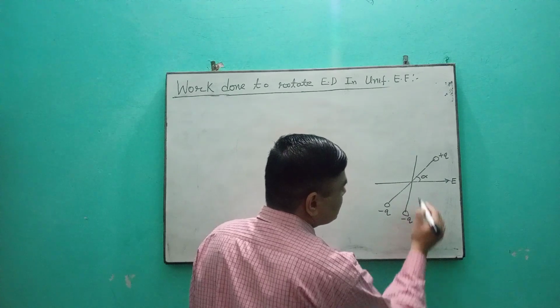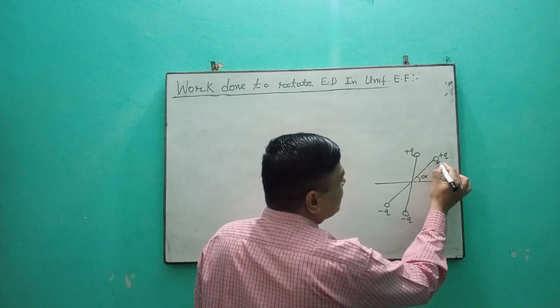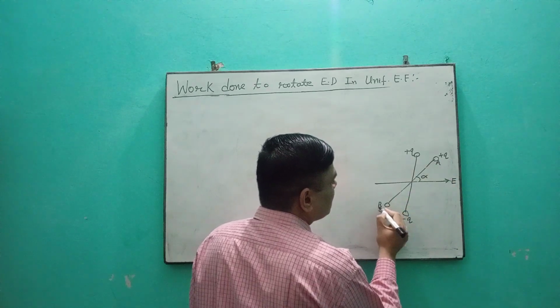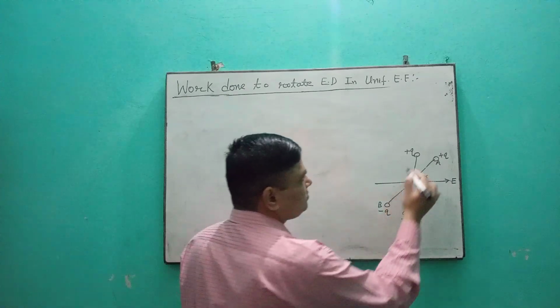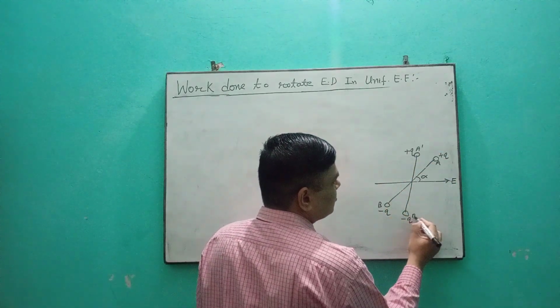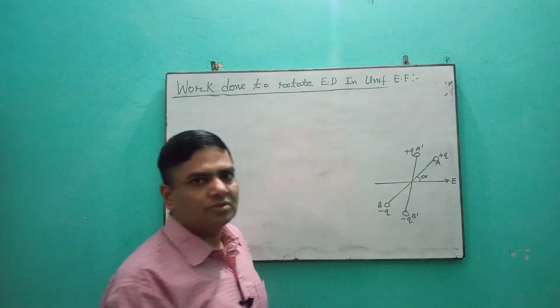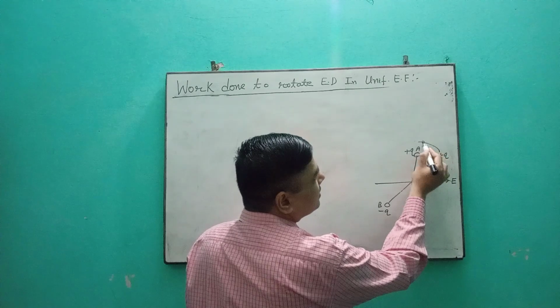This is negative charge Q. This is positive charge Q. AB is the initial position of the electric dipole, and A'B' is the final position of the electric dipole. We have rotated it like this.